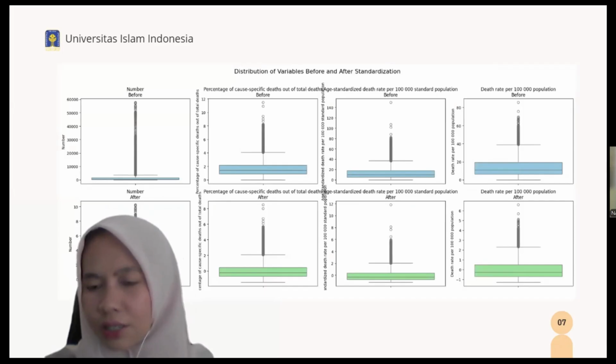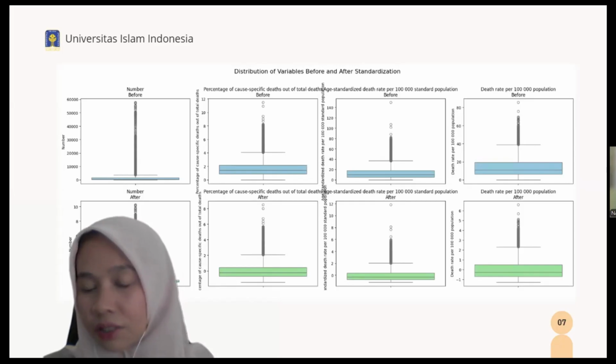After standardization, the boxplots show that the distributions are centered around 0 and the scale differences are minimized. And this step is crucial because K-means clustering is sensitive to scale. With our standardized variables, the range gives better results. So next, K-means clustering result.